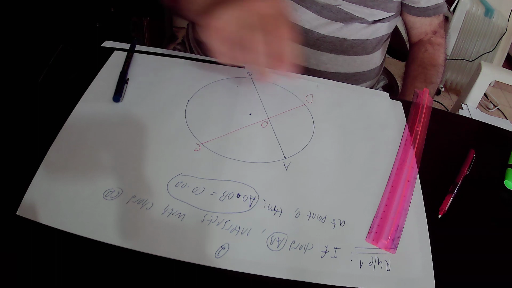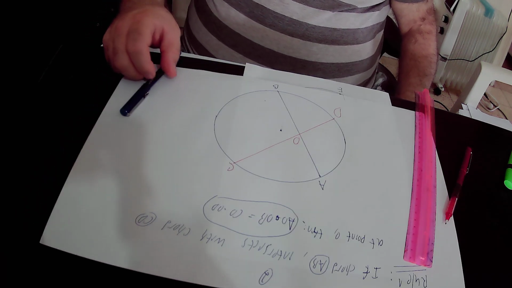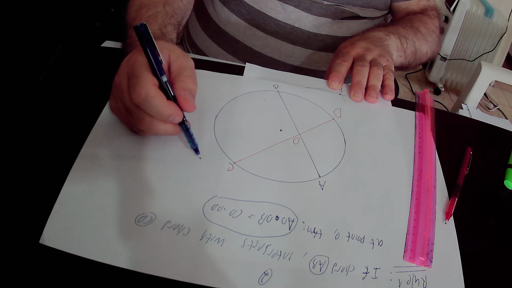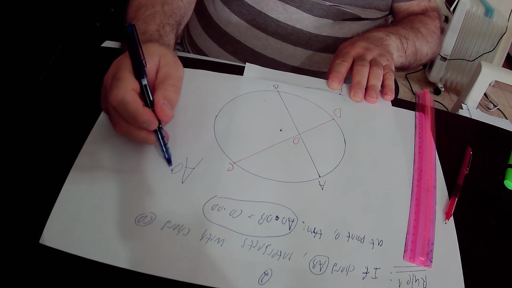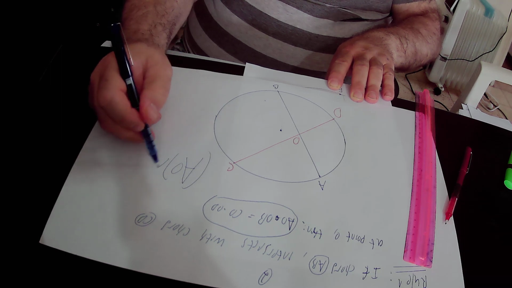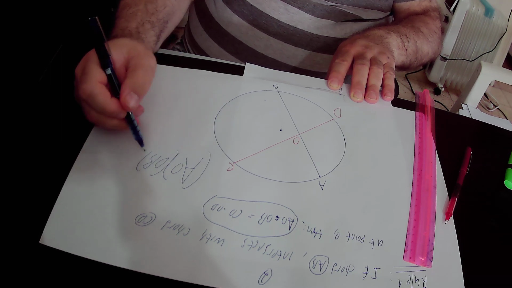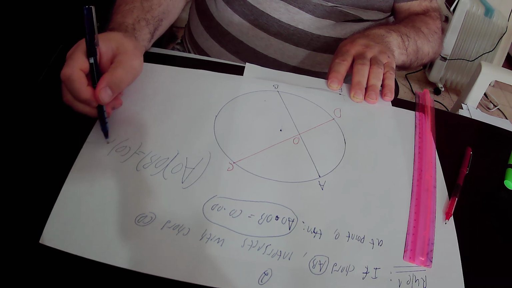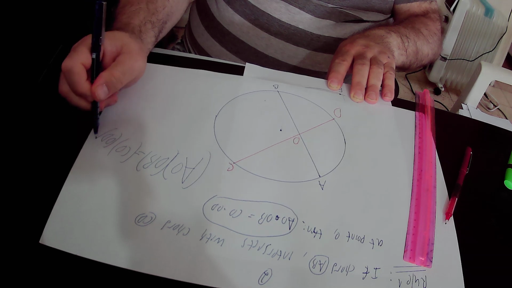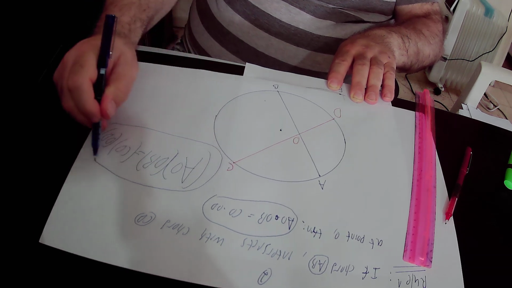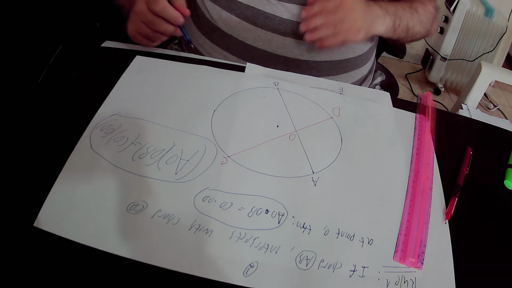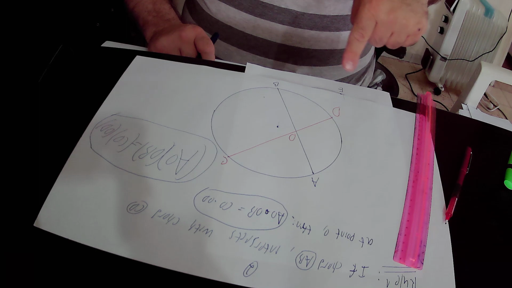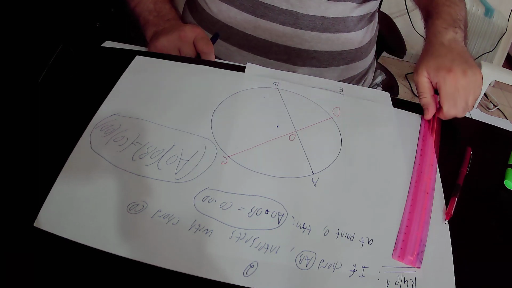Therefore, according to rule number 1, AO times OB equals CO times OD.